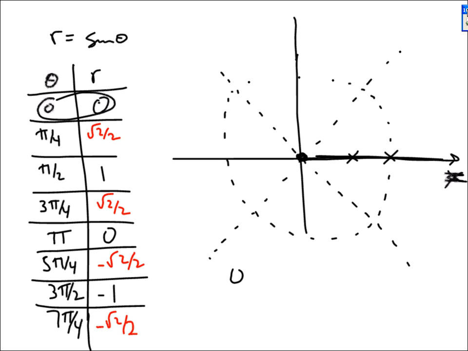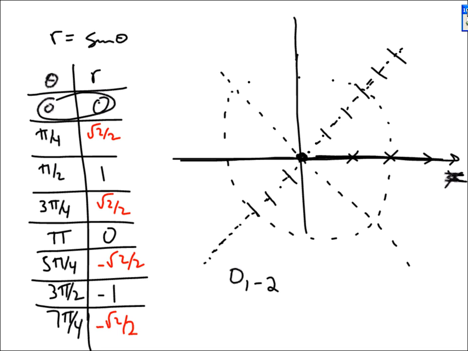Now, if it said negative 2, well, you don't go in the positive direction, you go in the negative direction. Whatever the angle is, if this hair up here is pi over 4, you could extend it, and here's positive 1, positive 2, positive 3, 4, 5, negative 1, negative 2, negative 3.